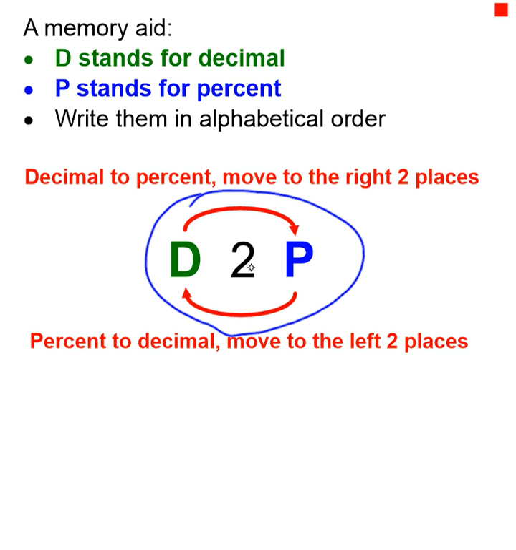Or if you read it the other direction, if you're going from a decimal to a percent, you move to the right, and you always move 2 places. On the other hand, if you're moving from a percent to a decimal, still move 2 places, but this time you move to the left. So that little memory aid might help you remember how to change percents into decimals and decimals into percents.